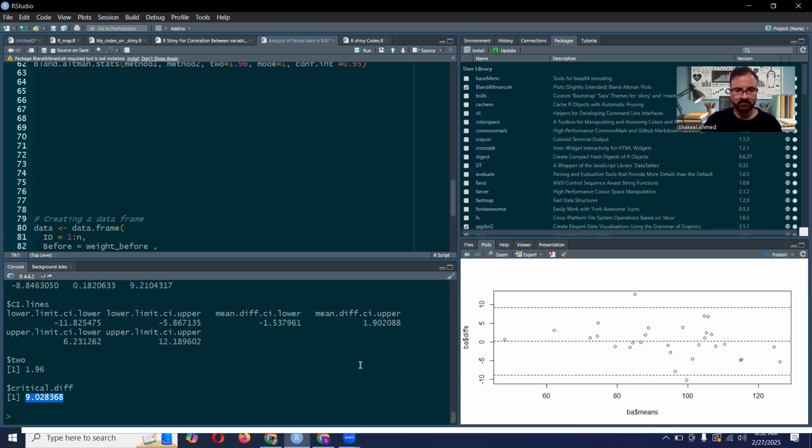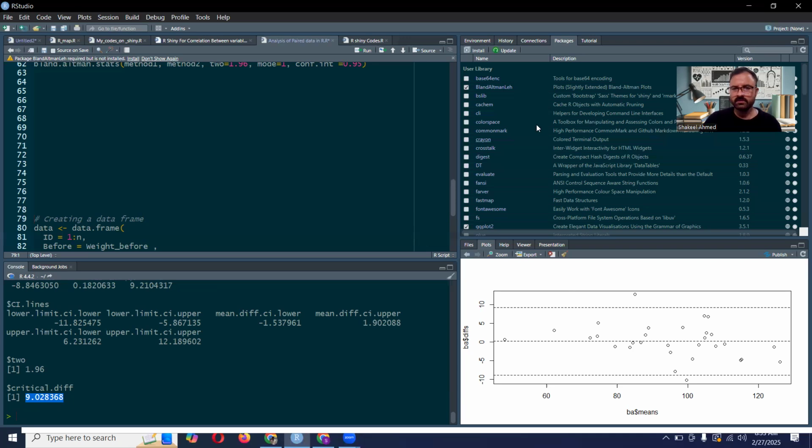So we can say that there is an agreement between the two methods, as these points are showing no pattern and are plotted close to these values. Although one point is plotted here and one point is plotted here, these are basically showing an indication of disagreement.